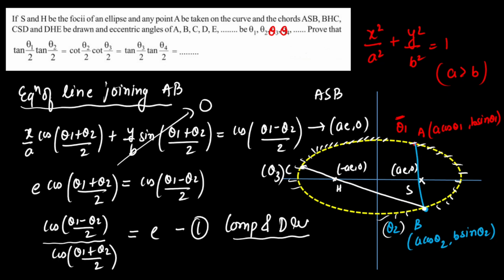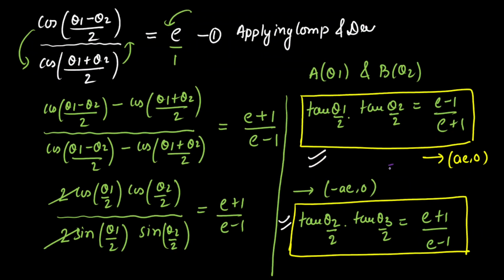Let me show you. So we'll get something like this. And if this point is D, theta 4, then for theta 3 and theta 4, this chord which is passing through AE comma 0, you can write tan theta 3 by 2 times tan theta 4 by 2 will be equal to E minus 1 upon E plus 1. Again you can write. So let me write it in a generalized format.